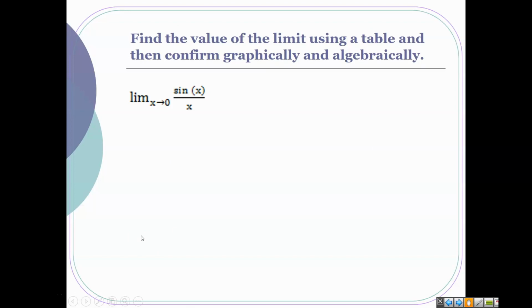All right, find the limit using a table and then confirm it. Yes. That means no solution. So if you had something that did not have a solution, then yes, but those are different again.